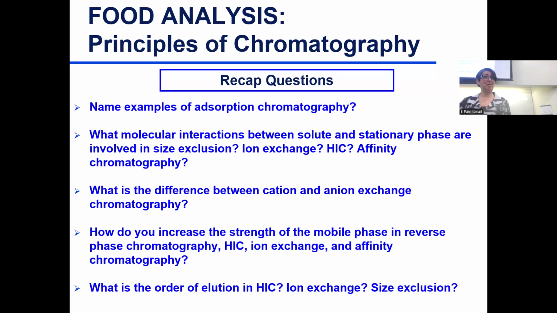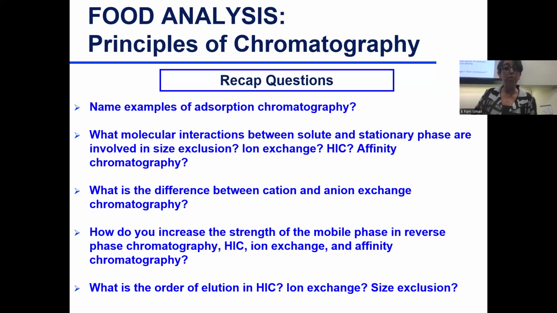Silica coated with alumina or charcoal. Yes, hydrophobic interaction chromatography. So remember, we have 3 forms of adsorption chromatography: ion exchange, hydrophobic interactions, and then affinity chromatography. We're going to talk about it next.